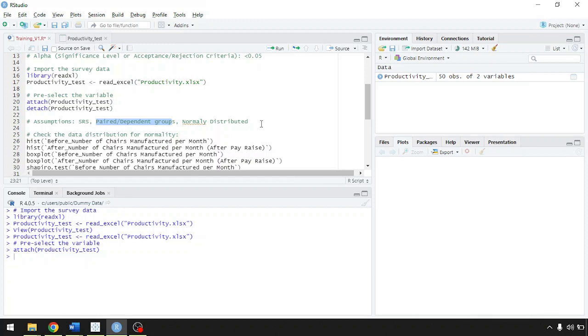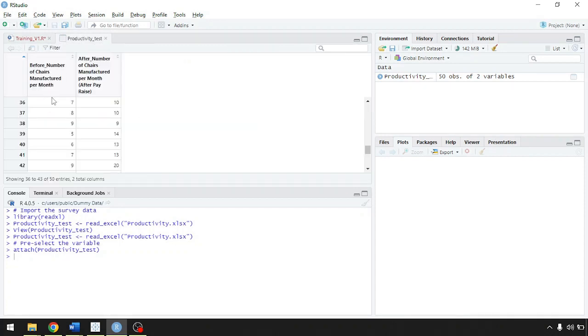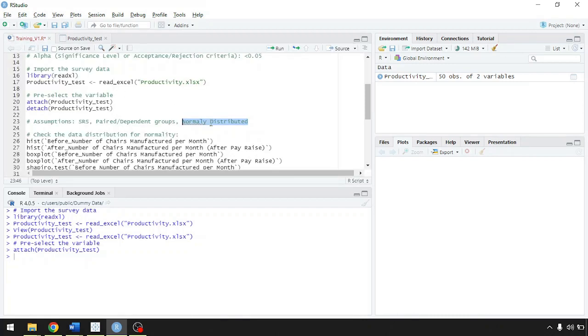And lastly, the test assumes that it's normally distributed. It's very important that we make sure that both of these fields or variables are actually normally distributed. If they're not normally distributed, then the t-test as a parametric test is not the ideal test to perform.